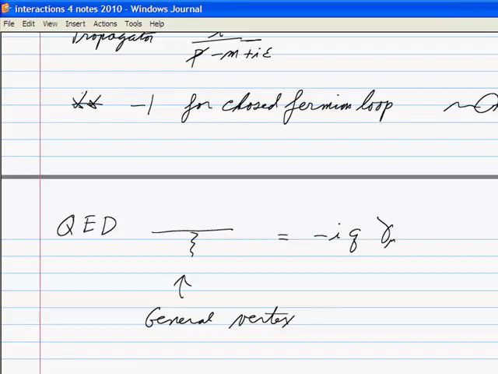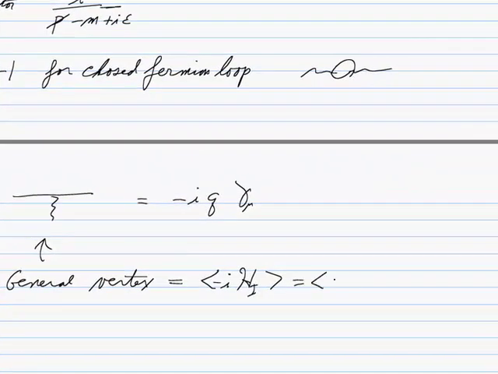Vertex is minus i interaction Hamiltonian, which is plus i interaction Lagrangian matrix elements, where you drop the external stuff. Okay, so we've dropped the external epsilon for the photons. We've dropped the u's and u bars.